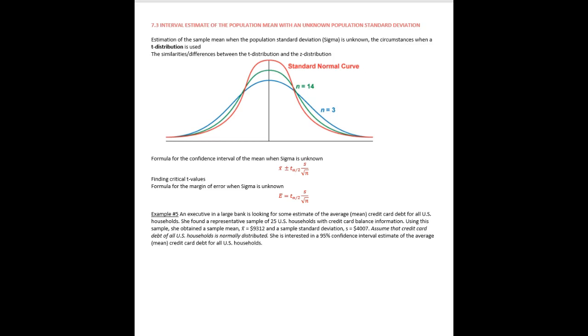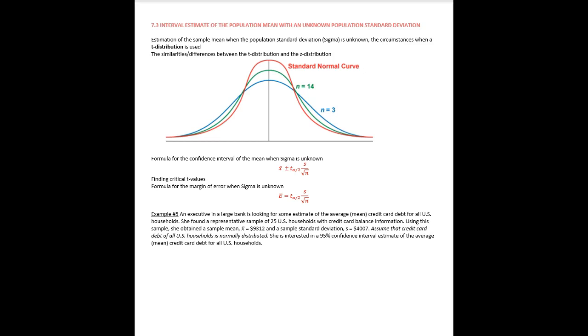The similarities and differences between the t-distribution and the z-distribution. They're both bell curves. They both are symmetrical. They both are effectively centered around the mean. You can see here in the red that the standard normal is taller than all of the t-curves, and there's an infinite number of t-curves, whereas there's just one standard normal curve.